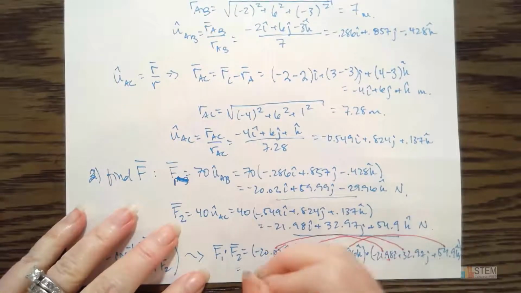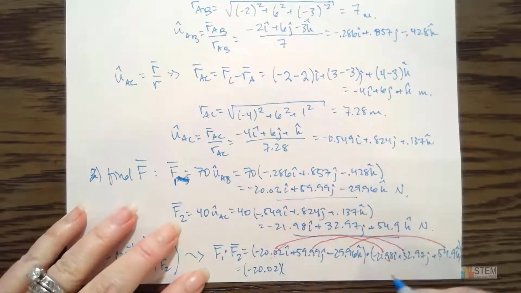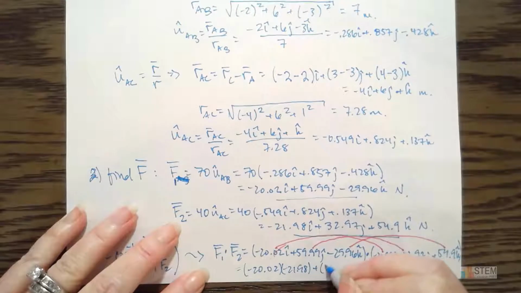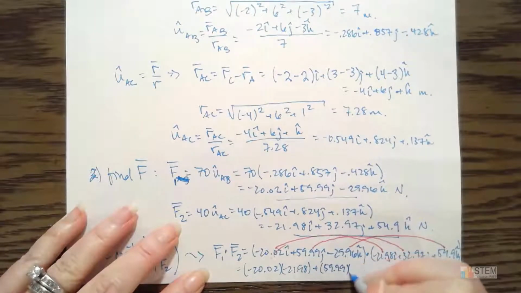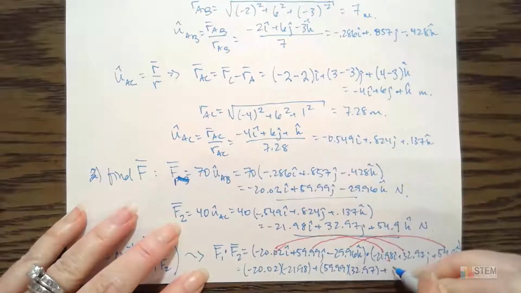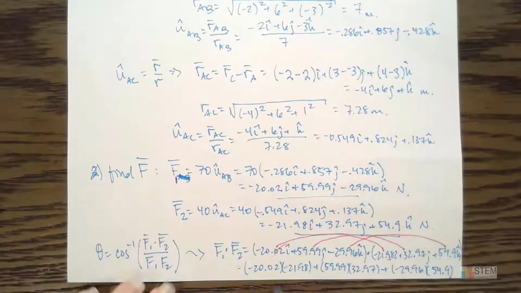So this is going to be negative 20.02 times negative 21.98 plus 59.9 times 32.97 plus negative 29.96 times 54.9. So then you do that calculation. That is going to give you your dot product.